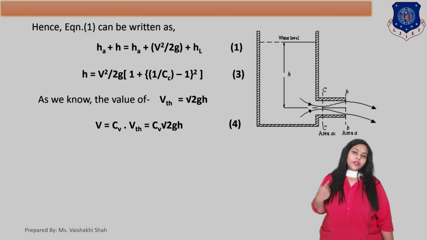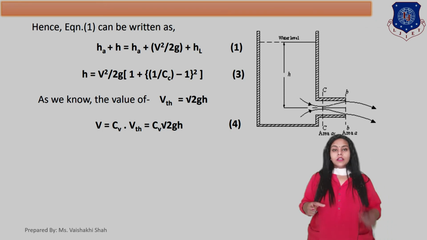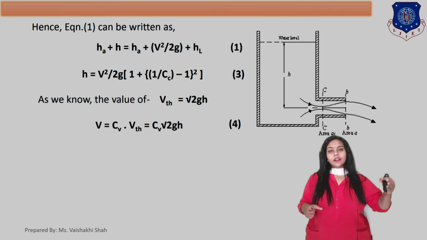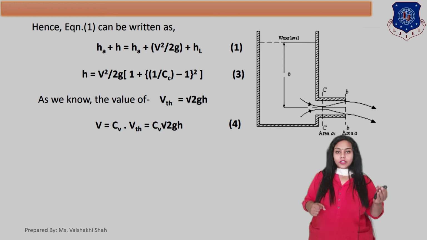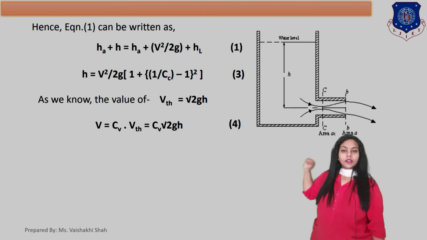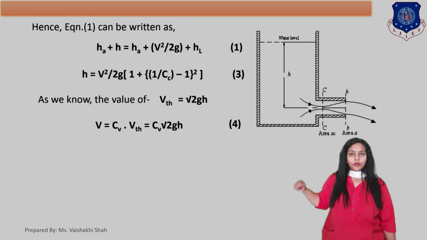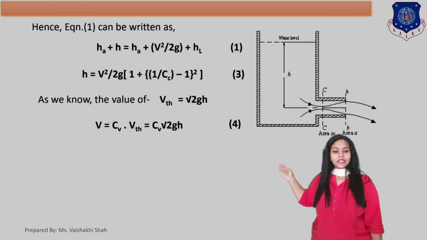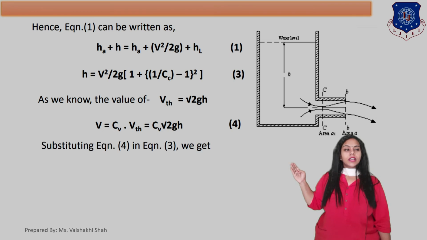Now we know the equation for coefficient of velocity, Cv, which is actual velocity by theoretical velocity. So here actual velocity equals Cv into theoretical velocity. So here the equation for velocity is Cv into under root 2gh.